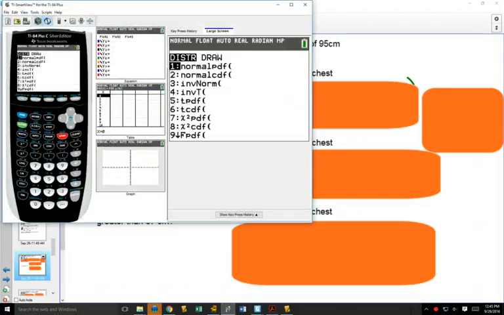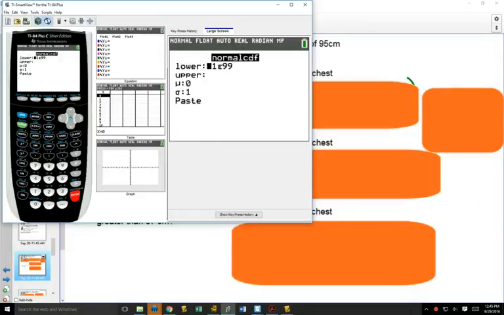In the same place that we found binomial PDF and binom CDF, we're going to use normal CDF. The normal CDF function asks: what is your lower score, what is your upper score, what is your average or mean, and what is your standard deviation.